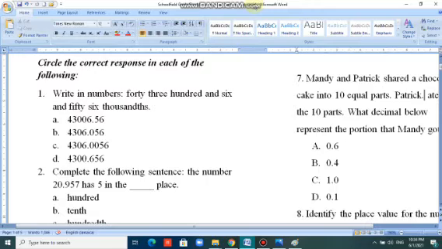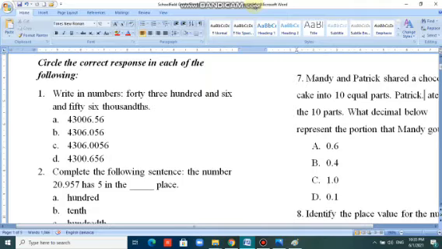All right. So the first one says, circle the correct response in each of the following. Number 1: write in numbers 4,306 and 56 thousandths.